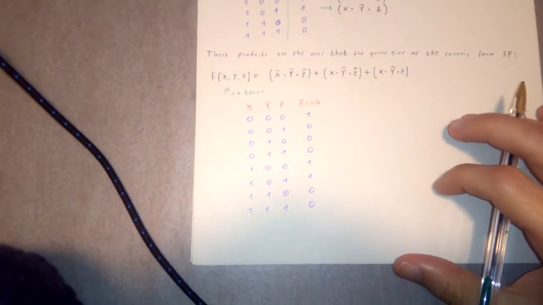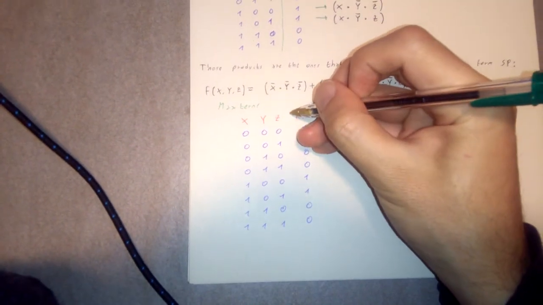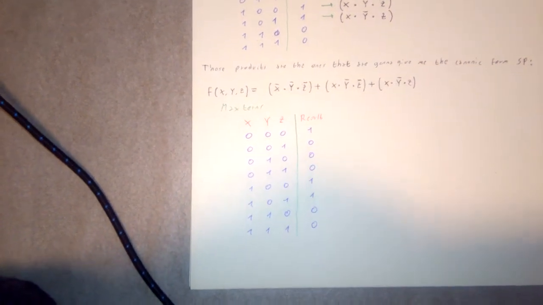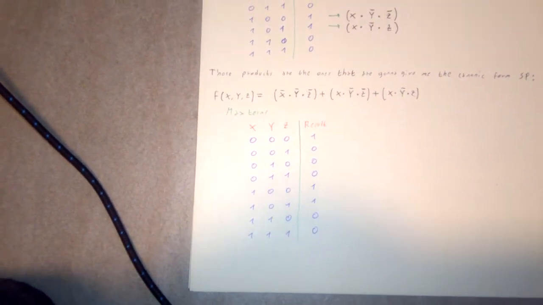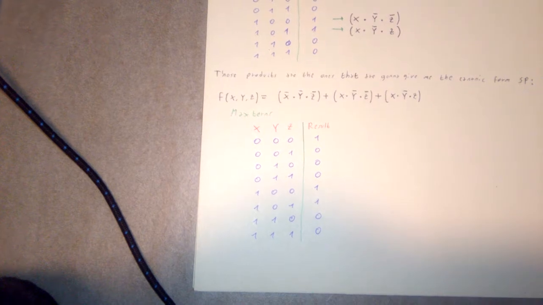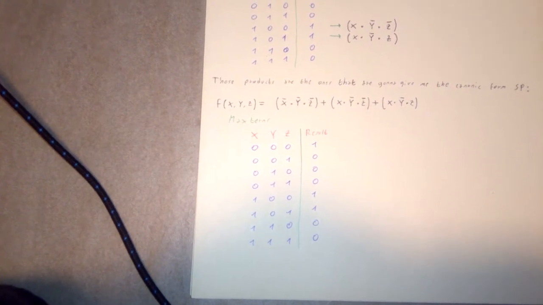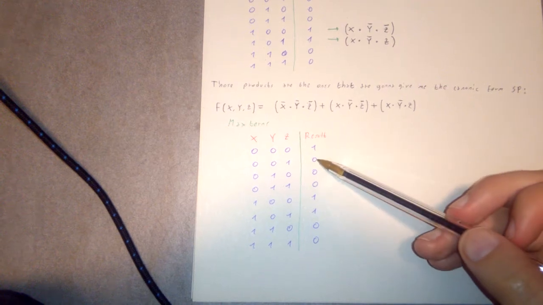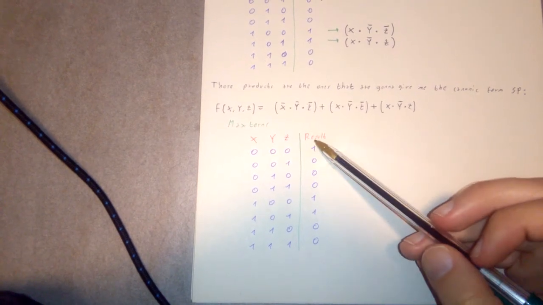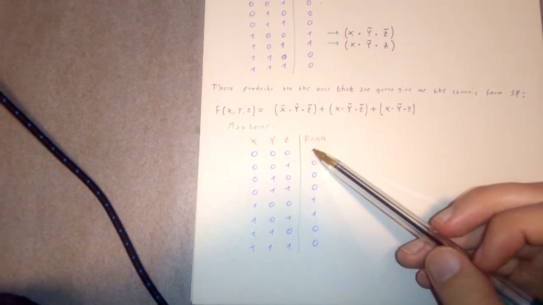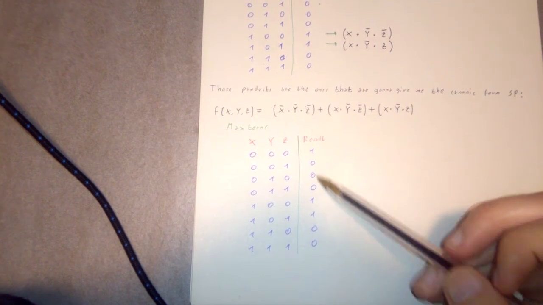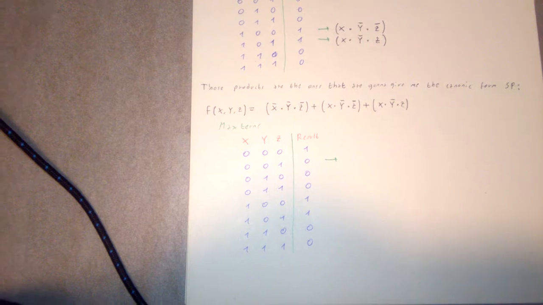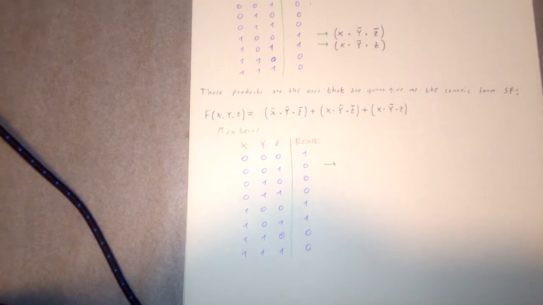All right, so let me just go here with the camera. Okay, so basically with the Maxterm representation, now I'm just going to be interested in the ones that have 0 as a result. So I'm just going to ignore those that have 1. And I'm basically going to do the opposite.